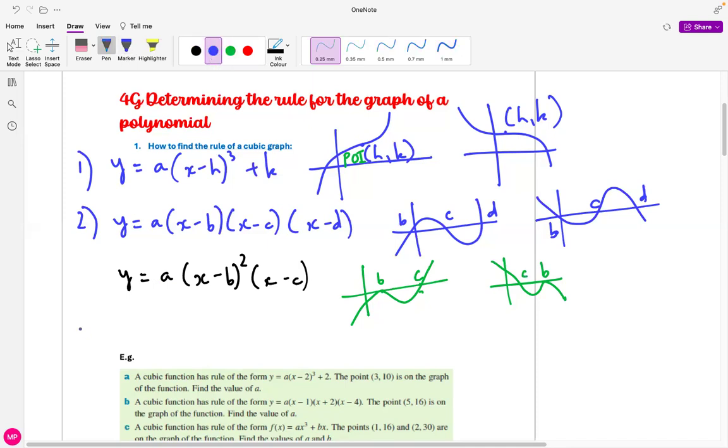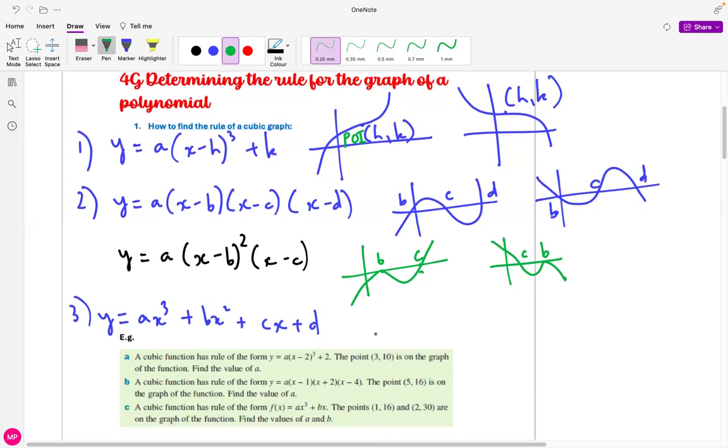And finally, the general form is y equals ax cubed plus bx squared plus cx plus d. This form hasn't been factorized, so it can either look like this, or like this.